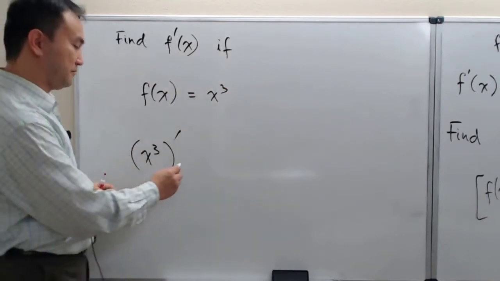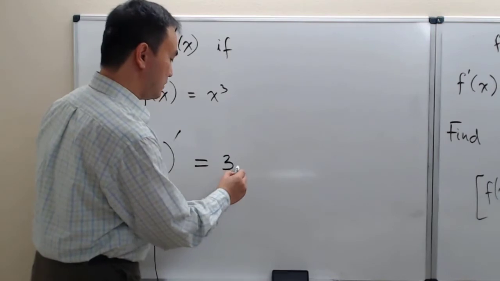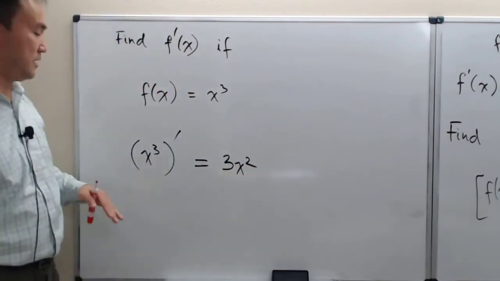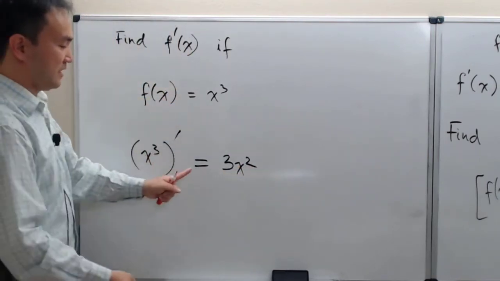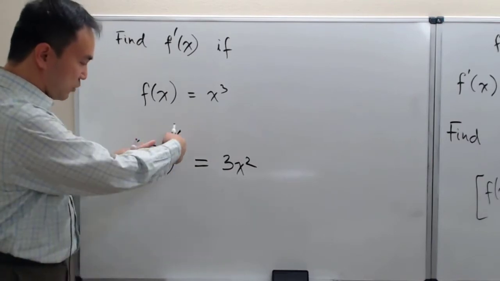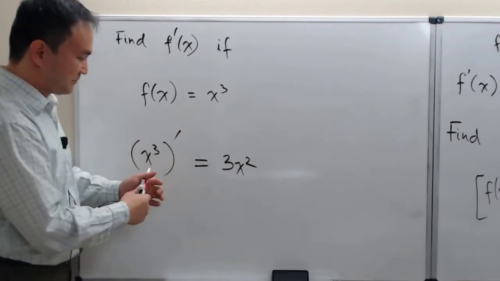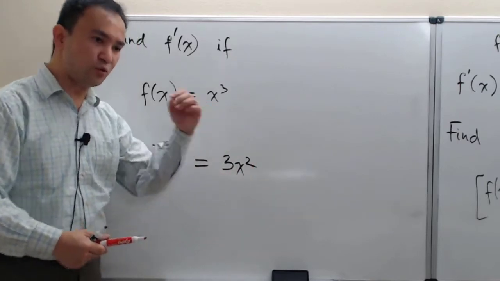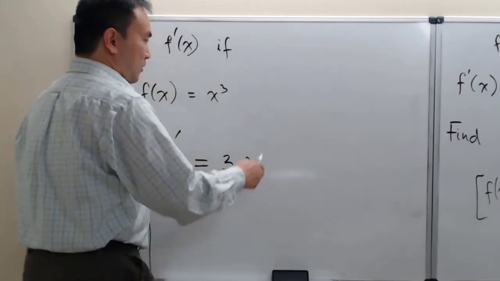So now the answer to that is 3x squared. See, instruction what to do, the derivative of, and all that, equals 3x squared. So that's one way of writing that.